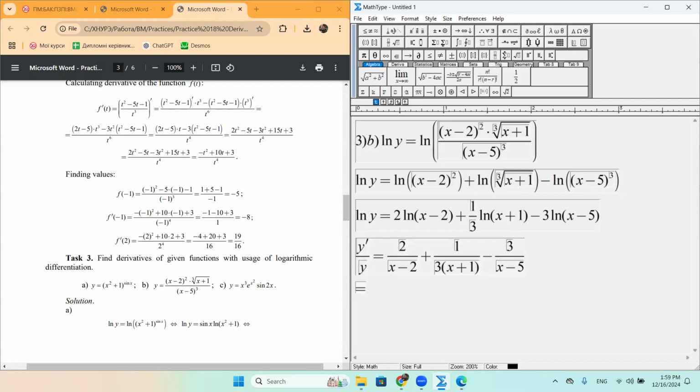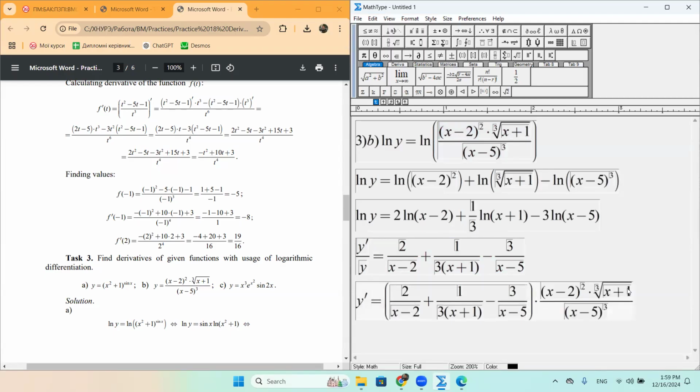And for the final answer, don't forget to multiply by y, because it will be a mistake if you forget. And multiply by this frightening expression. So it's simpler, isn't it?